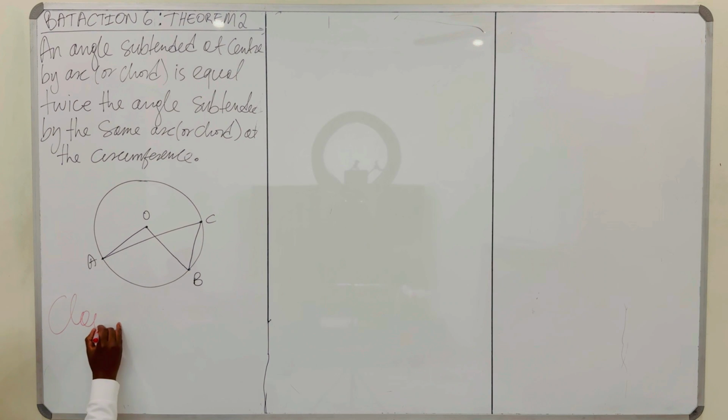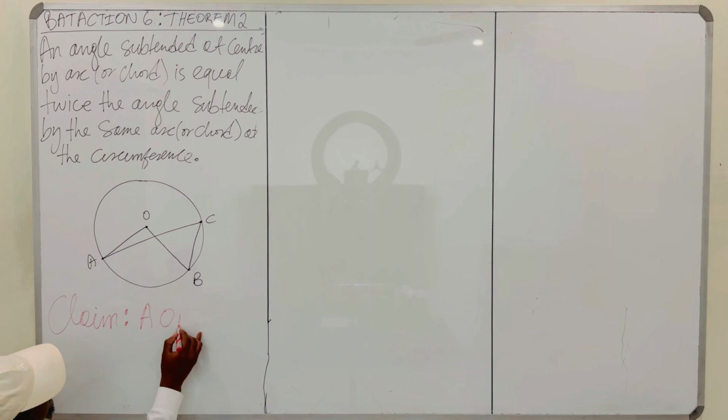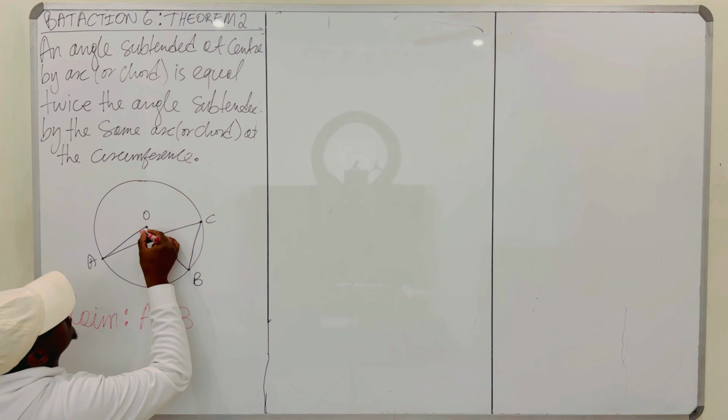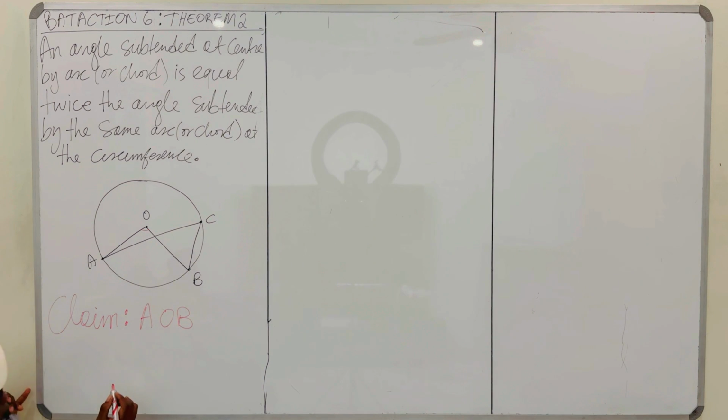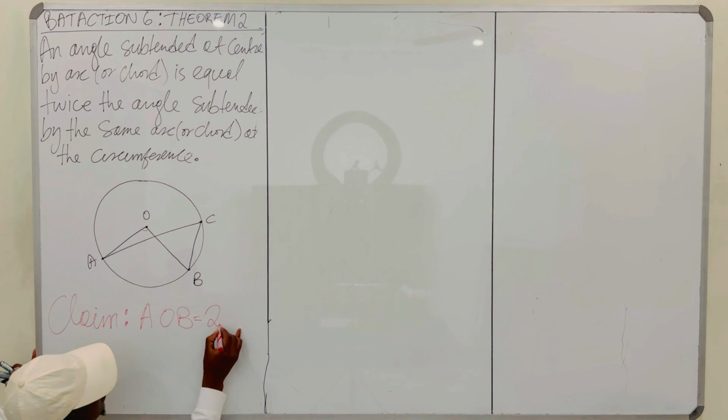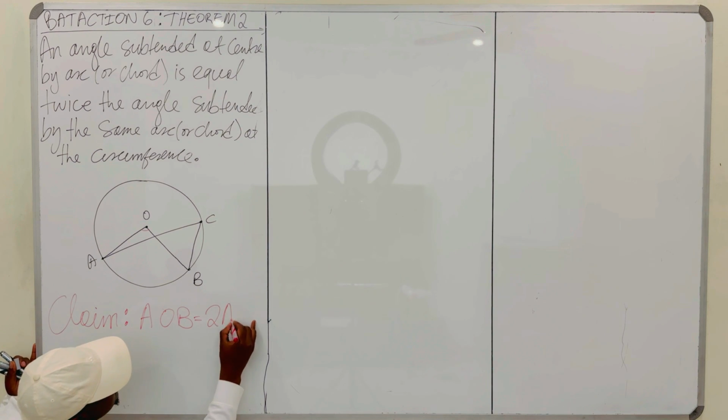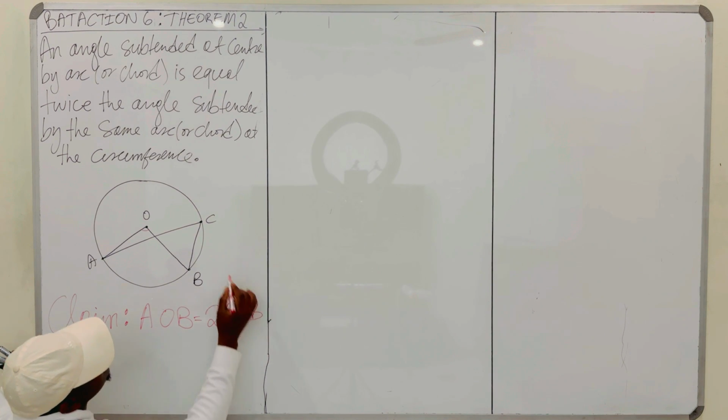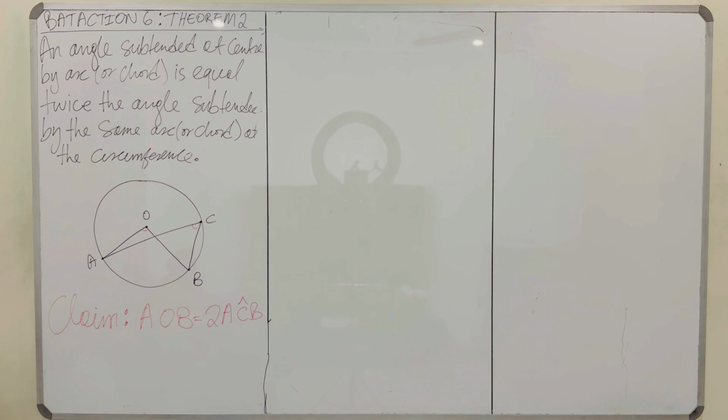Claim. My claim is that my angle AOB, which is this angle here, can you see it? This angle here is equal to 2 times angle ACB, which is this angle over here. That's the same claim. Are you guys with me?